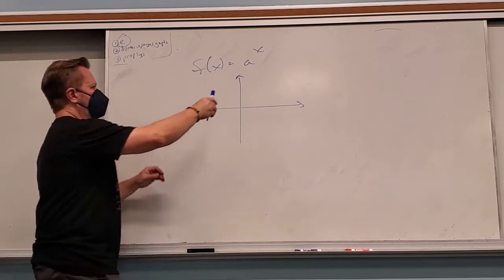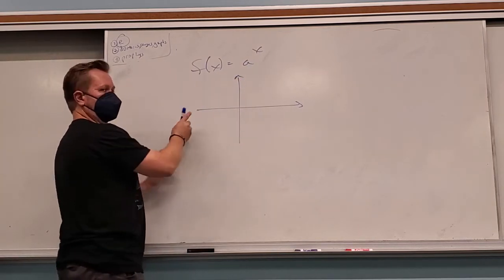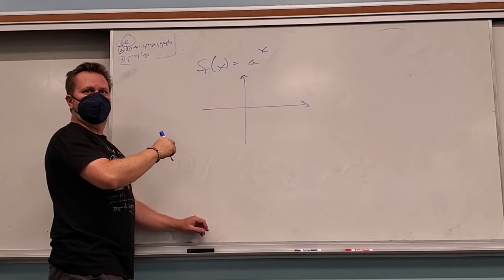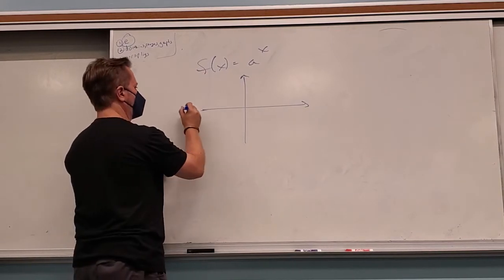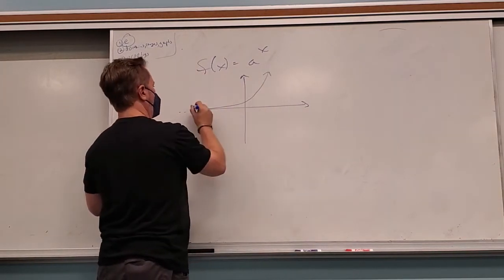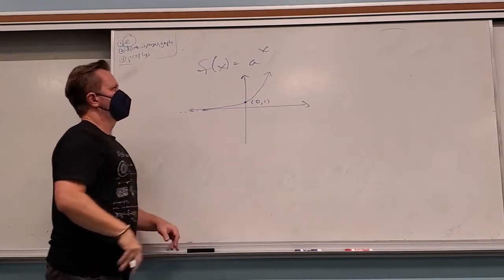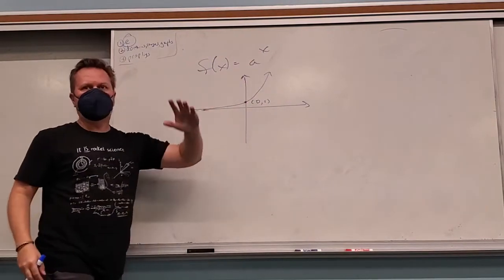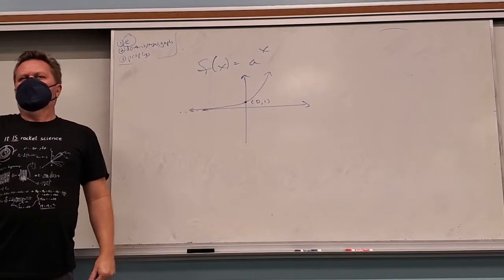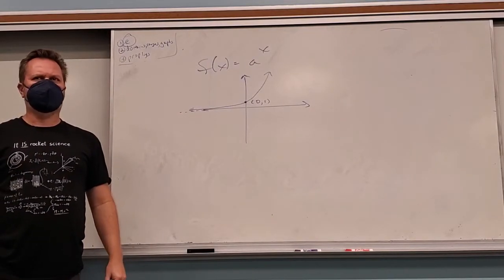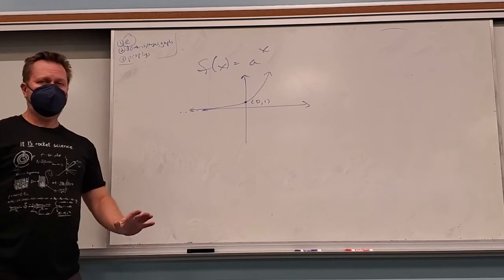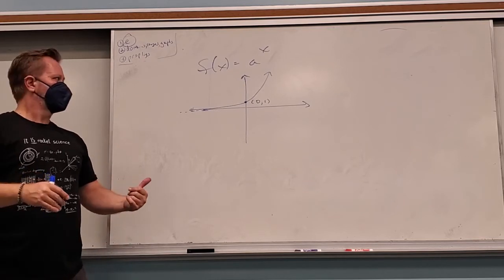What does it have to do if I let x get really small? It gets close to this, so there's an asymptote there. And this, of course, is always 0, 1, because when I raise anything to the 0 power, I get 1. So that looks like this.